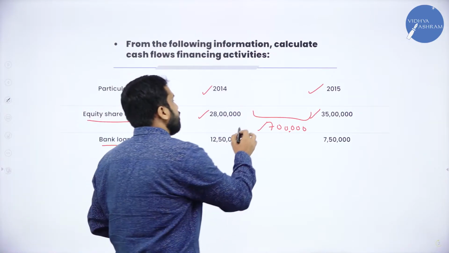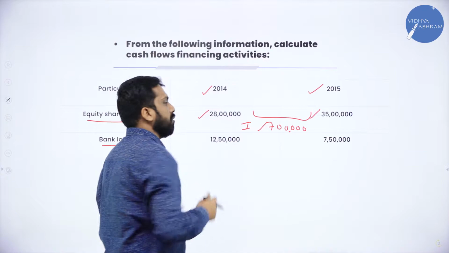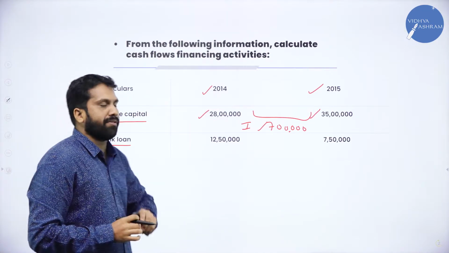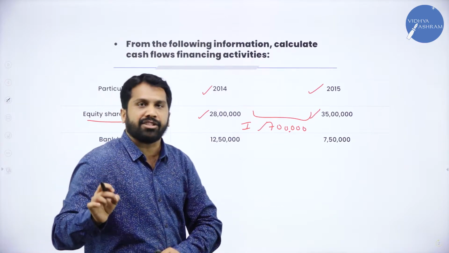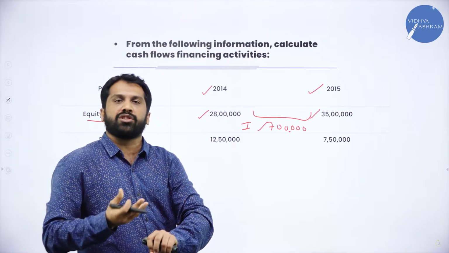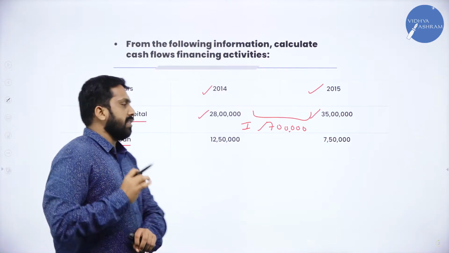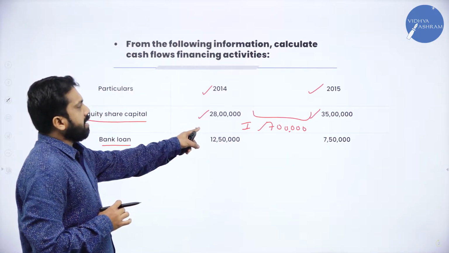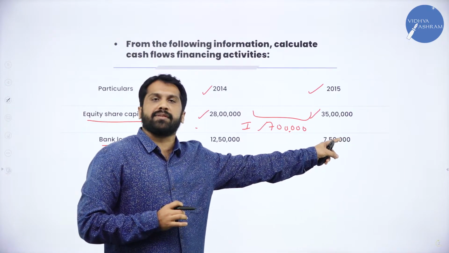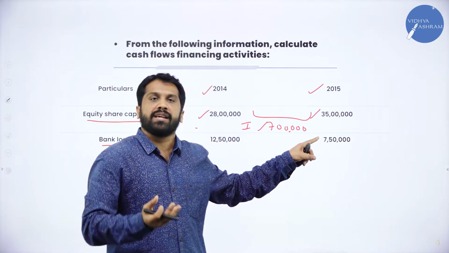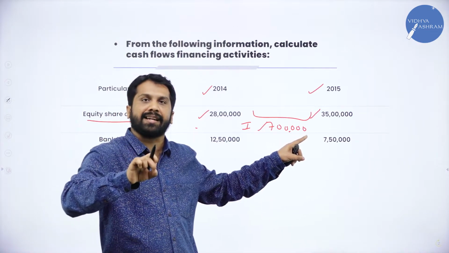Means this is your income, inflow. You have collected money. While doing financing activity, concentrate on cash. If you are receiving cash, that is inflow. If you are paying cash, that is outflow. In this, it was 28 lakh, now it is 35 lakh, means you have received 7 lakh. 7 lakh means what? Inflow, means add.